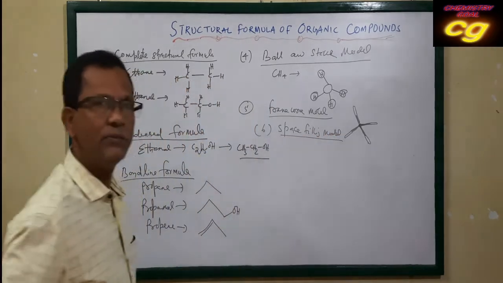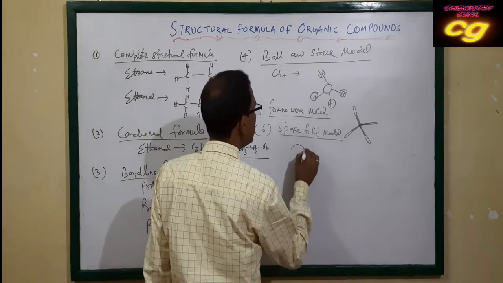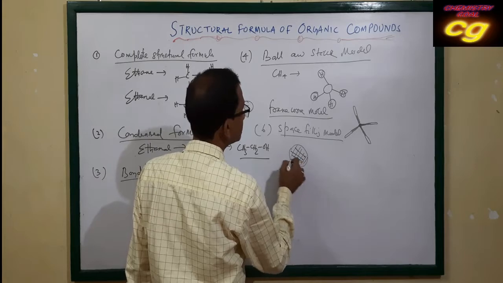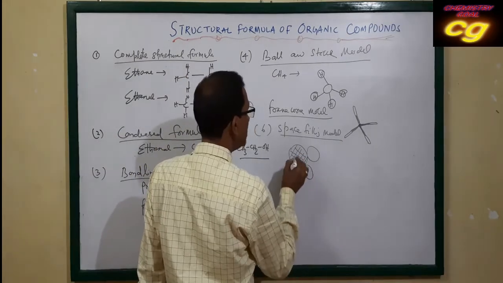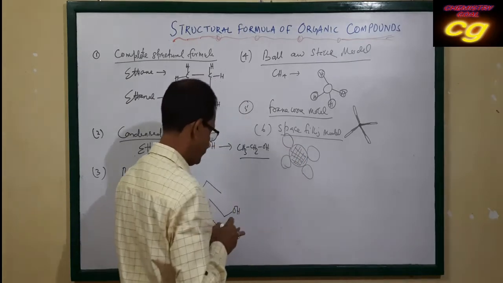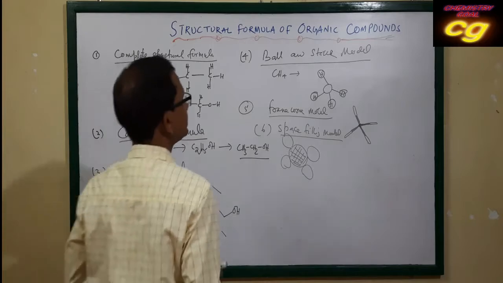In space filling models, here what happens? You have to take a 3D diagram, draw one molecule, that's atoms, and it will attach to different bonded atoms. This is your bonded atoms.